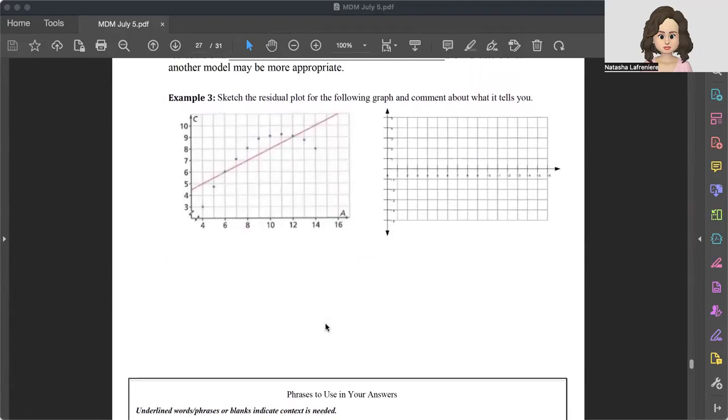Sketch the residual plot of the following graph, and comment about what it tells you. I'm going to draw. So it is telling us that at 4, it is at 5.